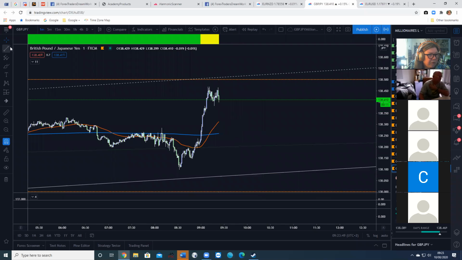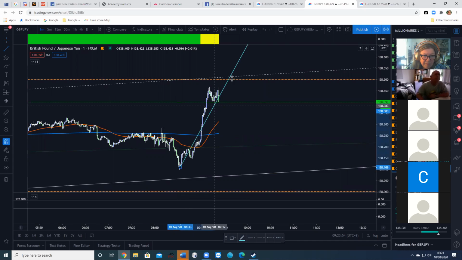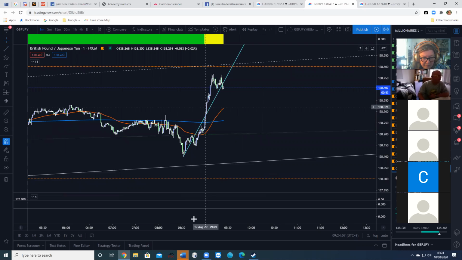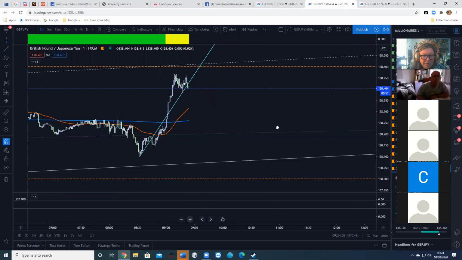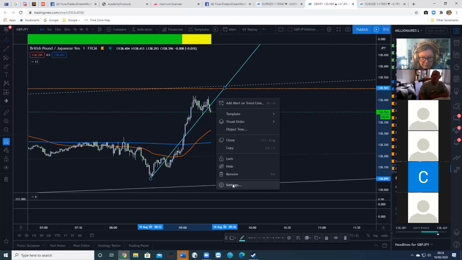So let's put our trend line on. That was very steep there. The thing with Monday mornings is they are a bit erratic. Not always our favourite time to trade.